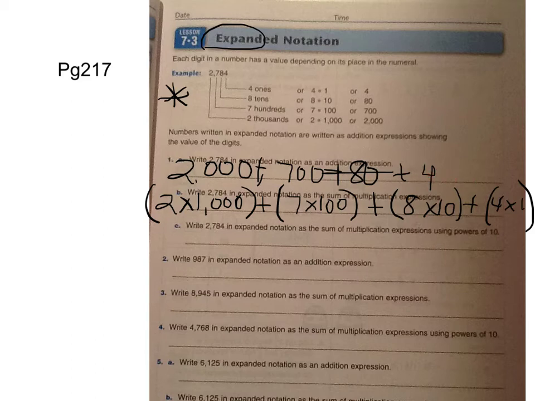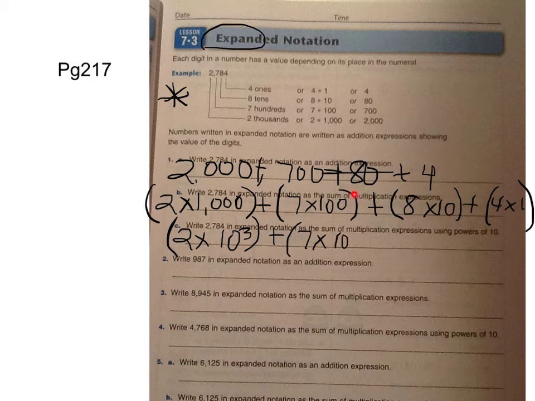Now, down below, it's going to ask us to do the powers of 10. So representing the same thing that we just did in B, but with powers of 10. So that would be 2 times, well, 10 to what power is 1,000? It's the third power. We're going to add that 7 times 10.